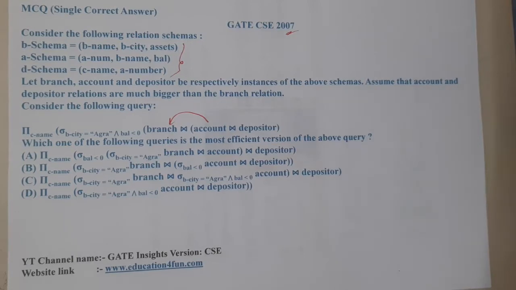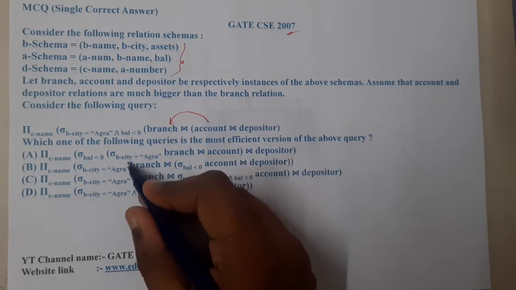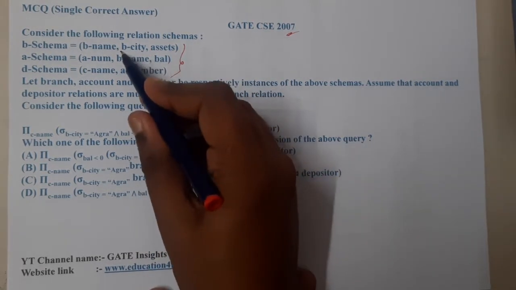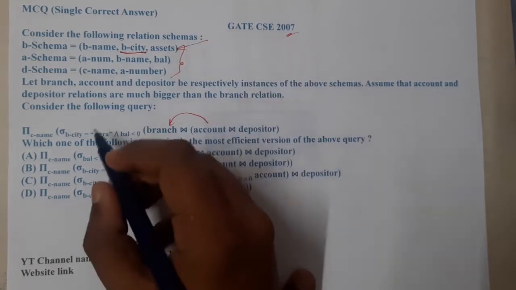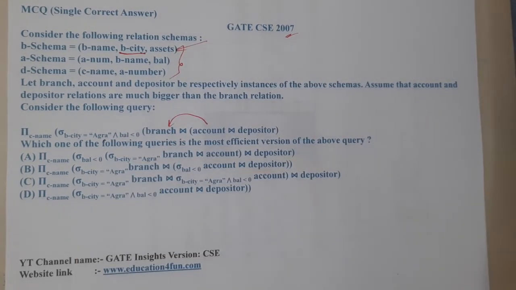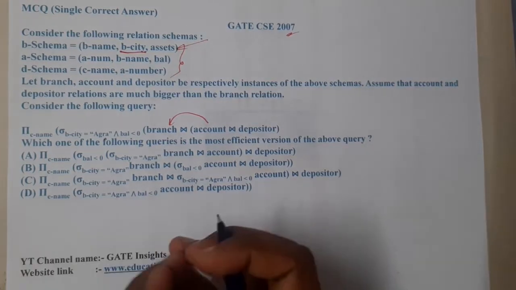B city is available only in the branch table. So when I am working with this table, I can directly filter it based on Agra, because then the number of entries will be reduced.